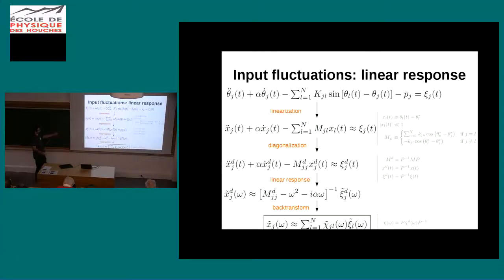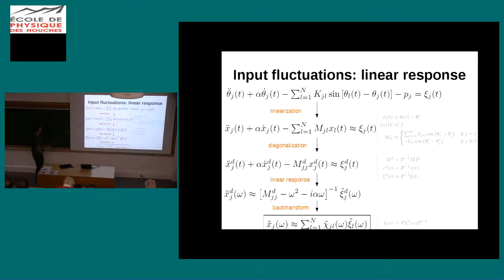Okay, I won't bother you with all the math. I just tell you that we go from the initial coordinates, which are rotating phases, to an x coordinate which gives me the deviation of oscillator j from its synchronized state.